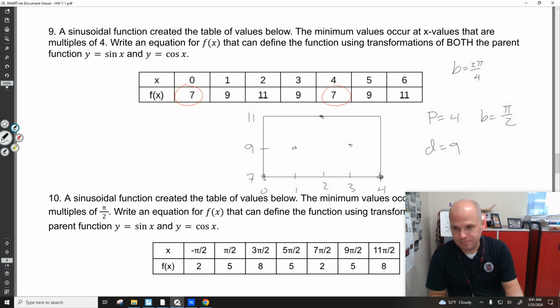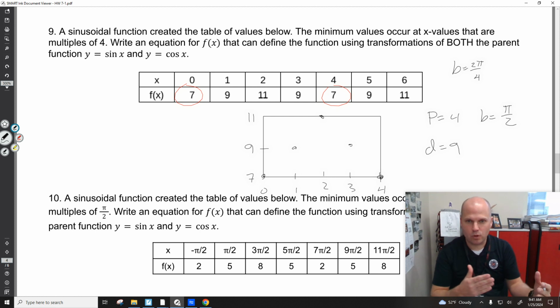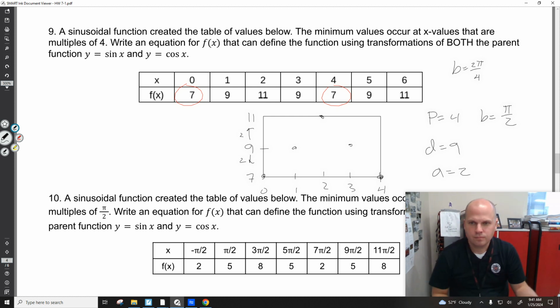I start at the bottom. So we'll talk about how cosine will have a vertical reflection. Sine will have to shift over. My amplitude is 2. We can see that I go up 2 and down 2. That's my vertical dilation. So let's just write our equations.